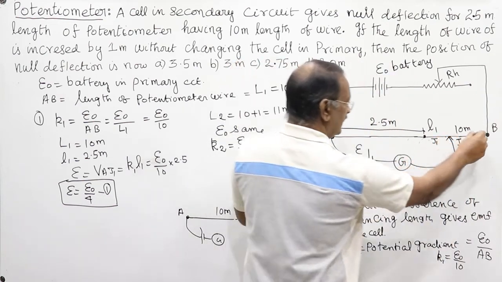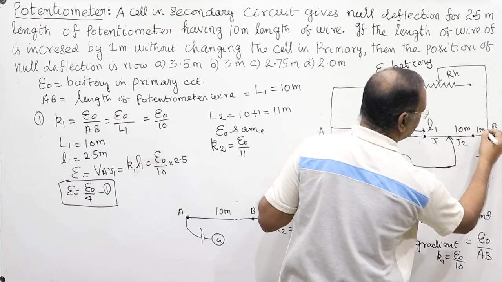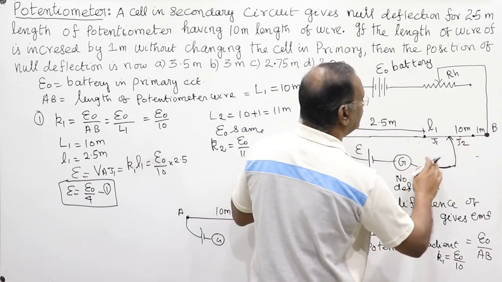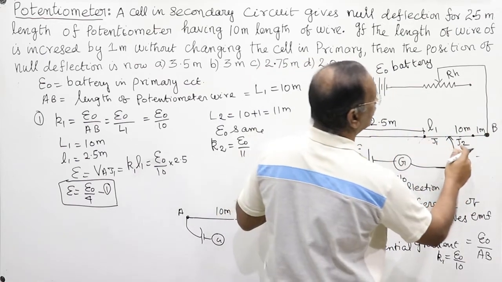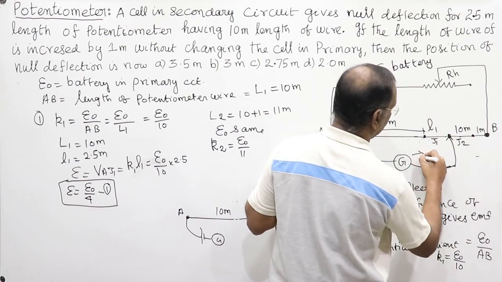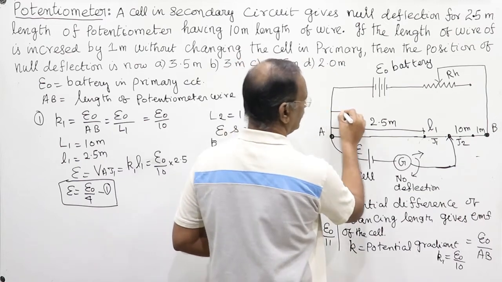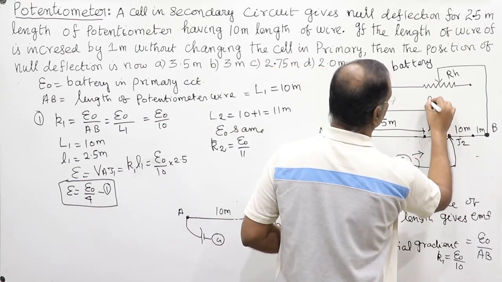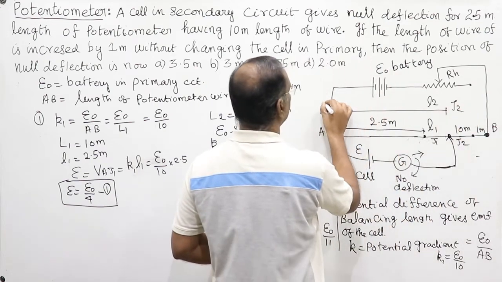It means the length is increased from the initial position to the final position by 1 meter. Now again the jockey is moved on the wire AB, and now we are getting the null point here. Null point means no deflection here, and that length we call L2, that is AJ2.